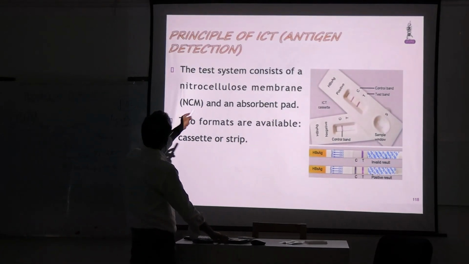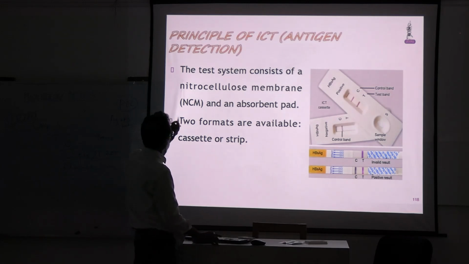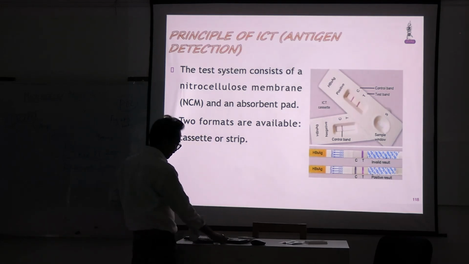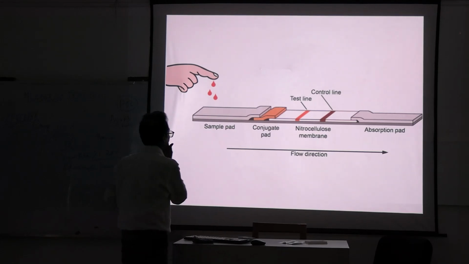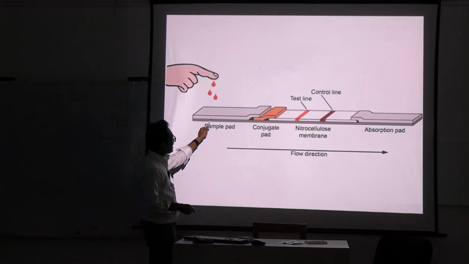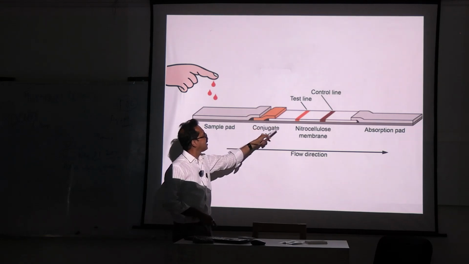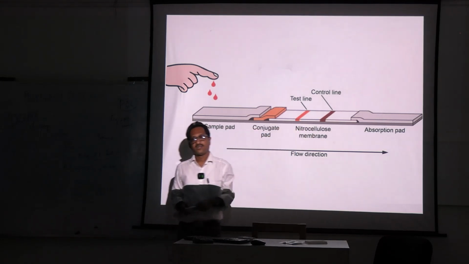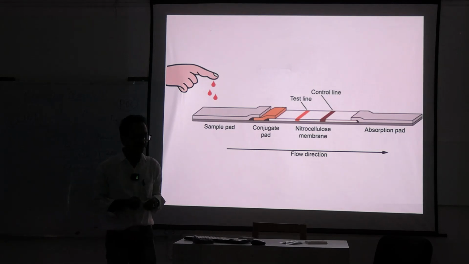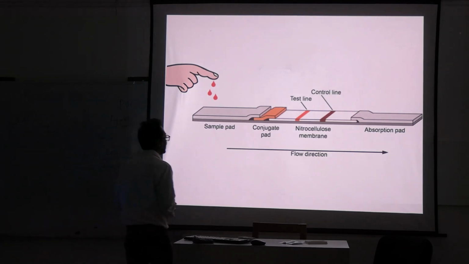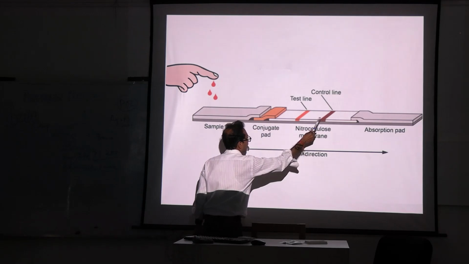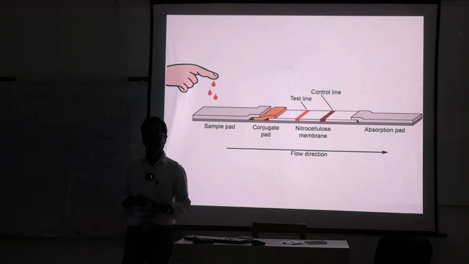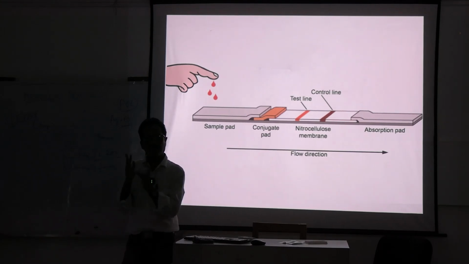This system is composed of a nitrocellulose membrane and an absorbent pad. This is the sample pad, conjugate, test line, control line. What is the role of the conjugate and what is there in the control line? In the test line, if you are detecting antigen, the corresponding antibody will be there, or if you are detecting antibody, the corresponding antigen will be there.